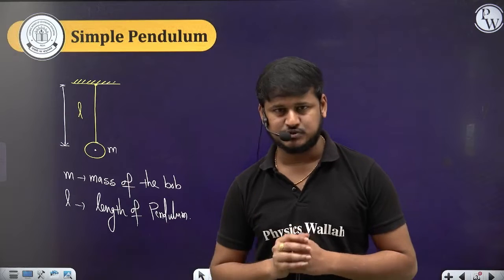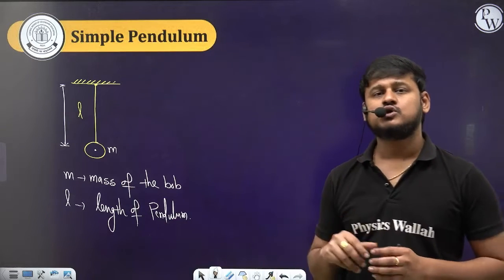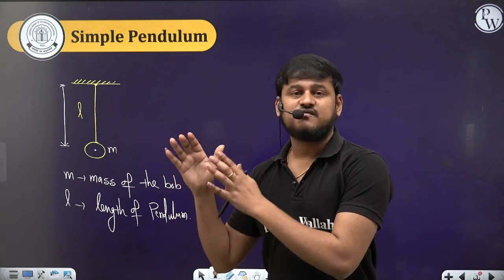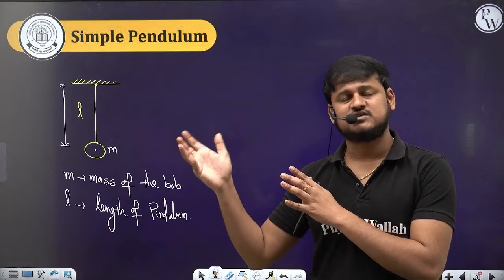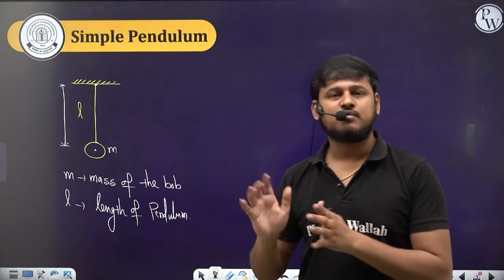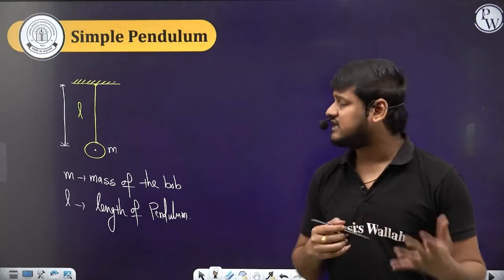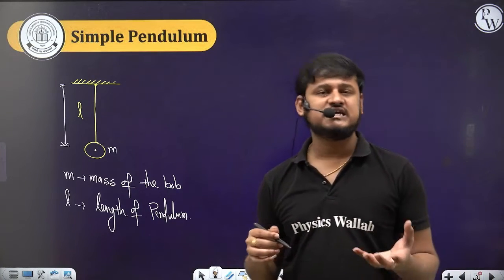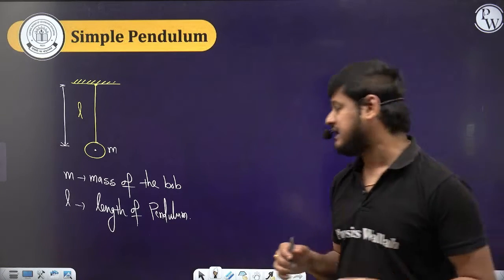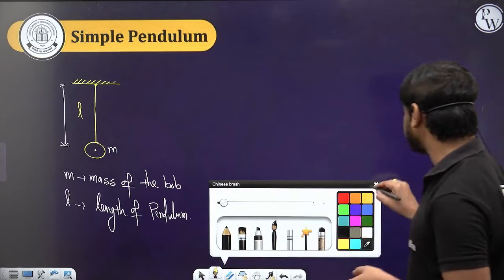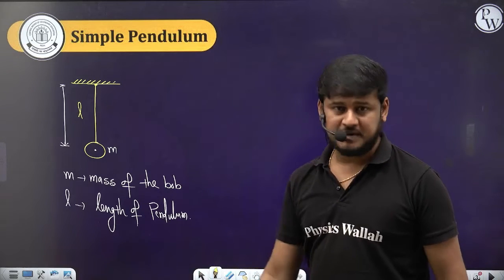Then we express the force acting on it in the form of minus kx. Then the time period will be T equals 2 pi root over m by k, right? The same procedure we are going to follow for the simple pendulum as well.